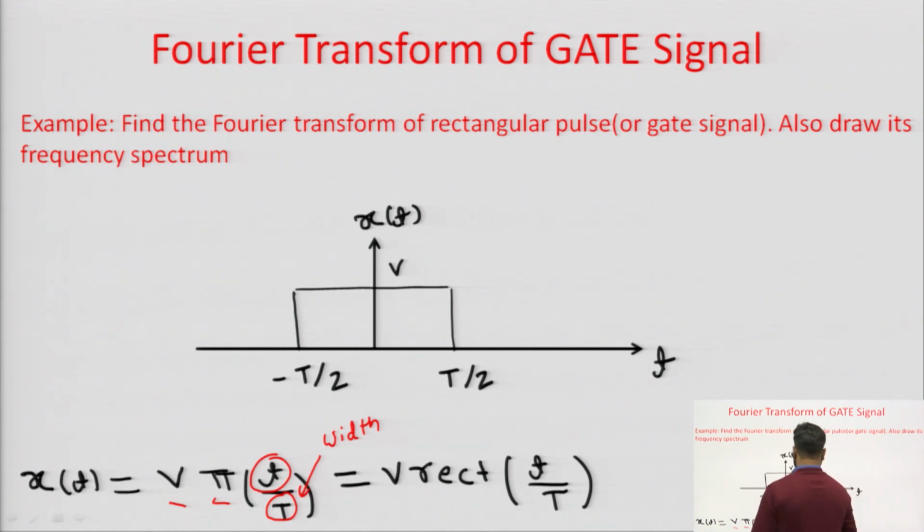Another way to represent it mathematically is V, which is the magnitude, times rect of t by T, where again capital T represents the width of the gate signal.